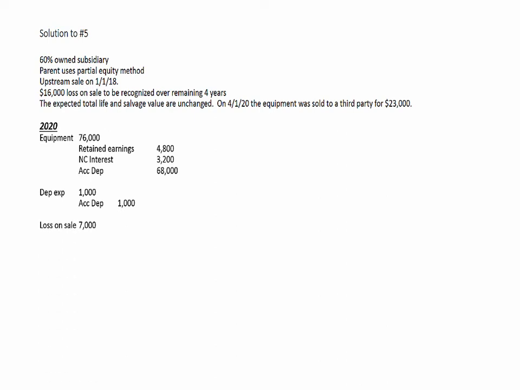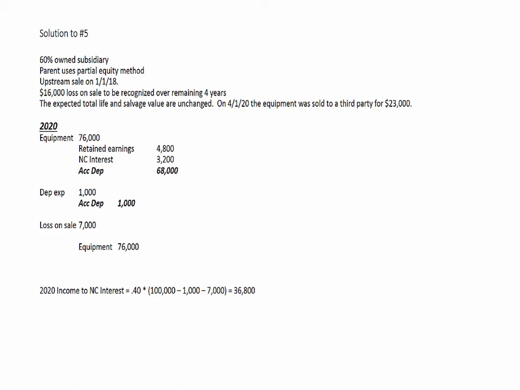Now again, think of how we're carrying things forward here. The equipment account, we started by debiting it for $76,000, so in our elimination entries we've created the $76,000 debit that doesn't exist on Big or Little's individual books. We have to get rid of that. Same thing with the accumulated depreciation.